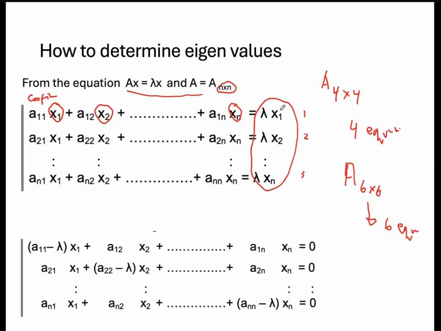In the first equation we have variable x1, the second equation variable x2, and so on. And on the right hand side, the coefficient of variable x is the eigenvalue. We use the symbol lambda to describe the eigenvalue. Okay, lambda, this is the symbol of eigenvalue.